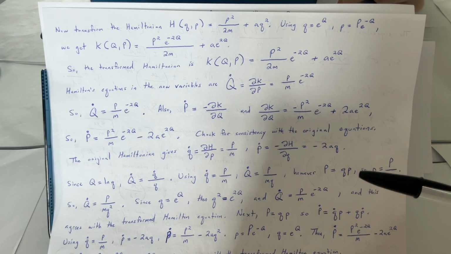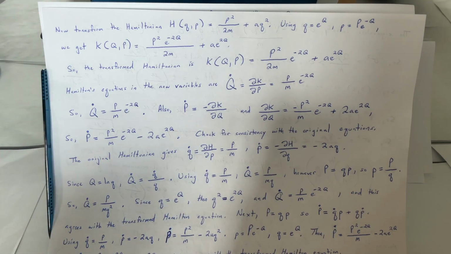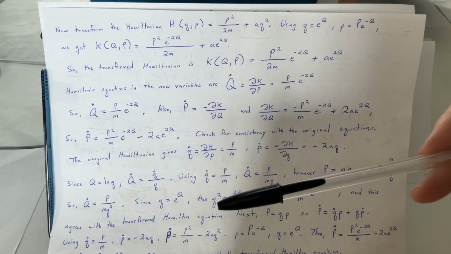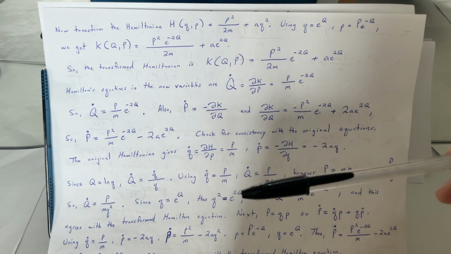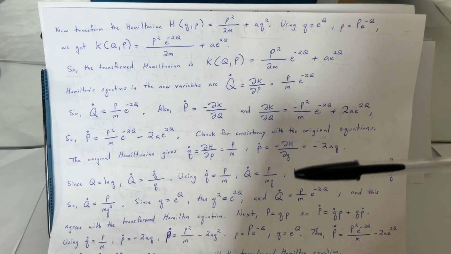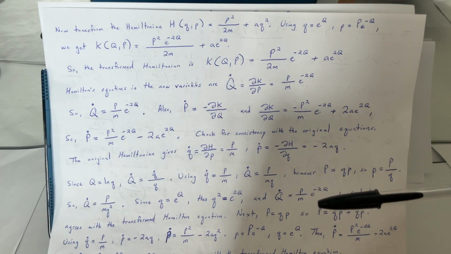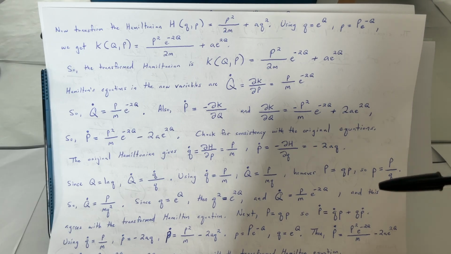However, P = qp, so lowercase p equals P over q. So Q dot equals P over mq². Since q = e^Q, q² equals e^(2Q), and Q dot equals P/m e^(-2Q). And this agrees with the transformed Hamilton equation.